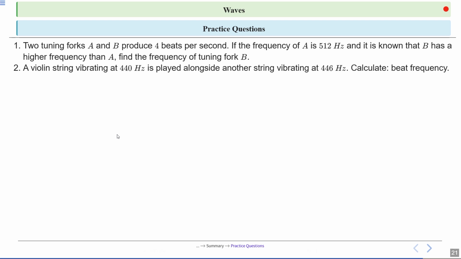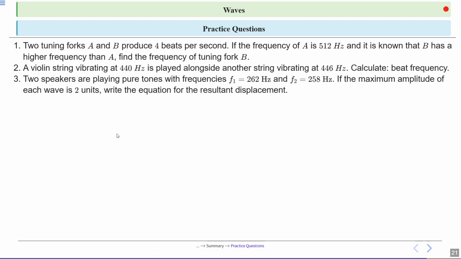Calculate the beat frequency. Third, two speakers are playing pure tones with frequencies f1 equal to 262 Hz and f2 equal to 258 Hz. If the maximum amplitude of each wave is 2 units, write the equation for the resultant displacement.